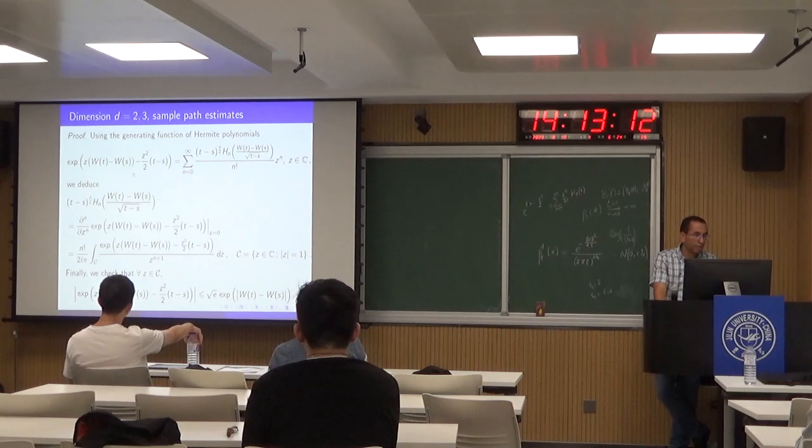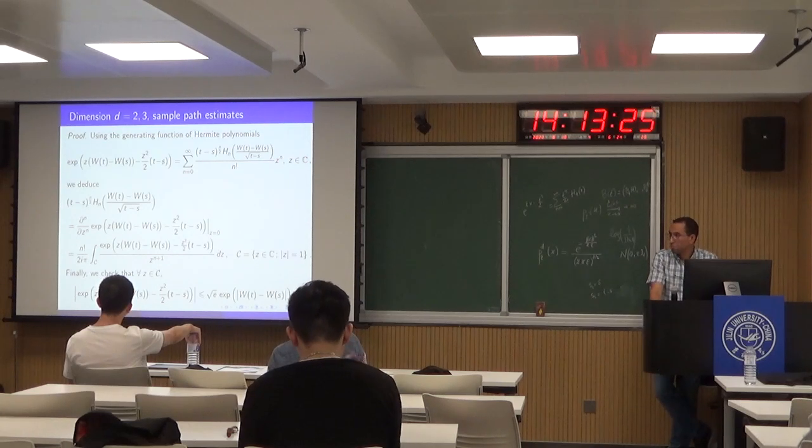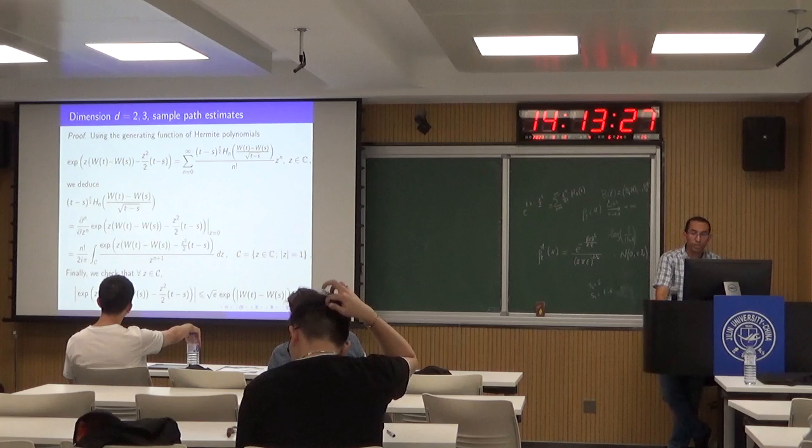Now this expression, exponent of z times W_t minus W_s minus z squared divided by 2(t minus s), is obviously a holomorphic function on the entire set C. There's no problem.